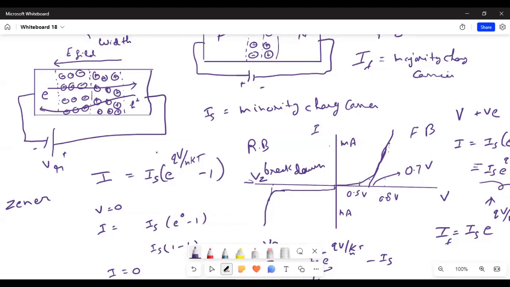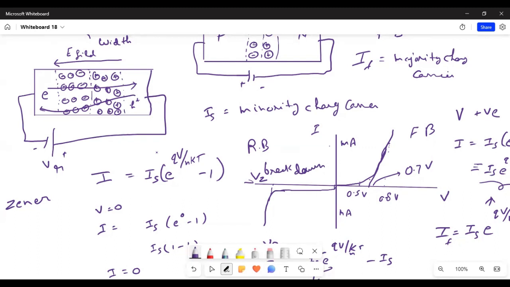Now suppose the depletion width is very large. The electrons that are being generated here get sufficient kinetic energy, and they strike other bonded silicon atoms and in turn generate more electron-hole pairs.